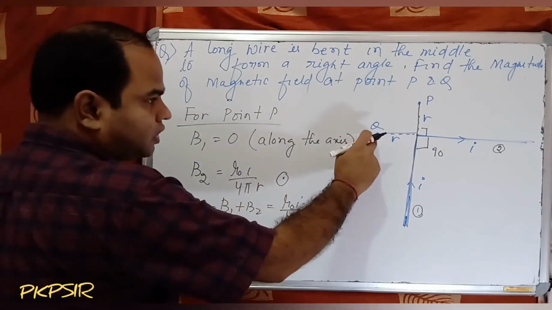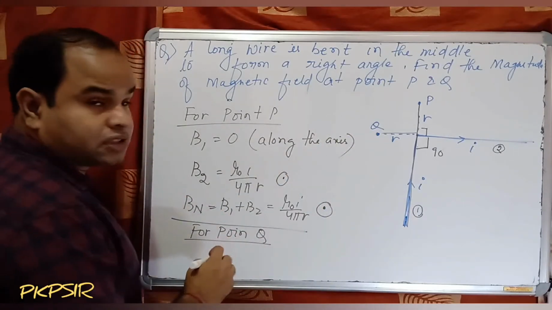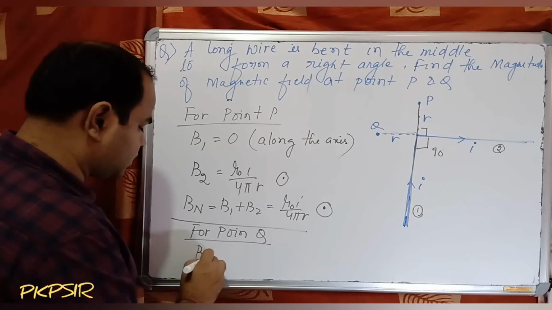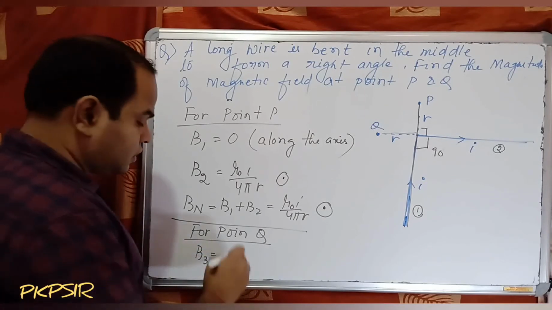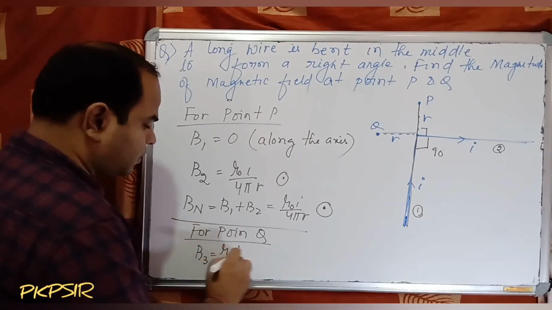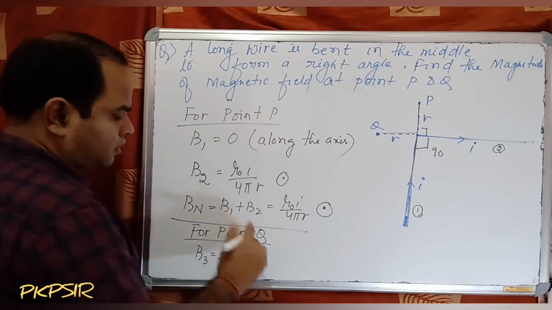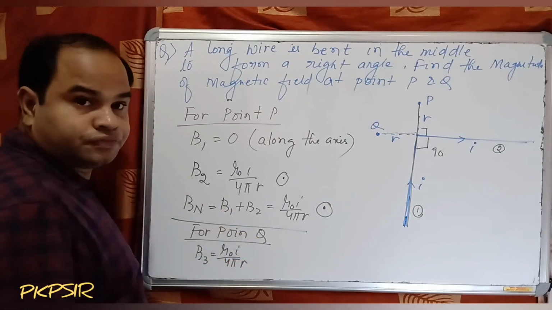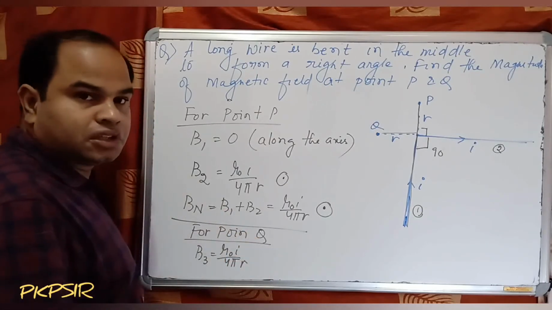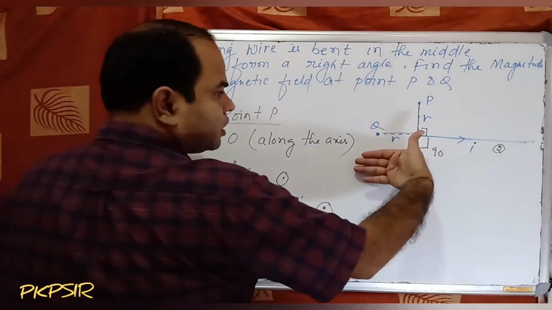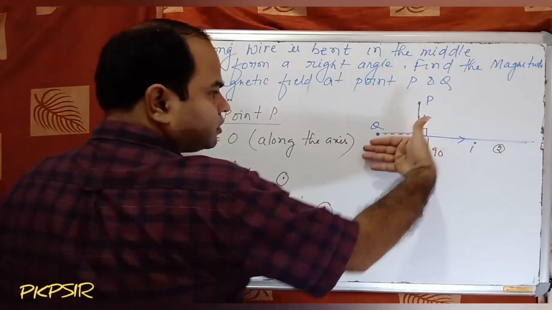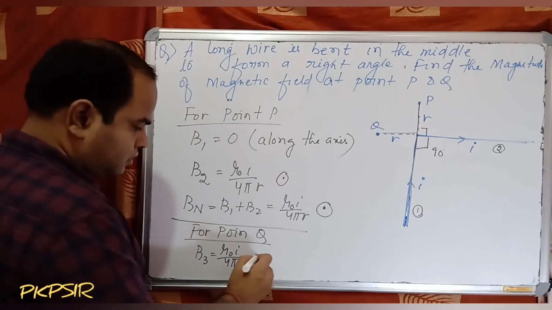So at point Q, what will the magnetic field due to the first conductor be? Let us say it is B3. It is semi-infinite, so mu naught I by 4 pi, distance is r. Okay? What is the direction? The current is upward, point Q is here, so the direction is outward. Okay?